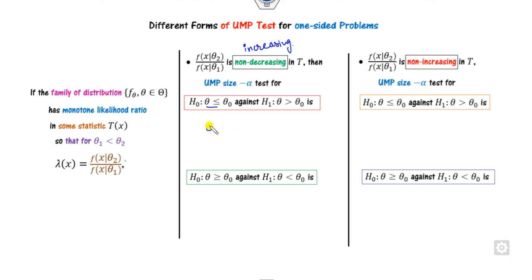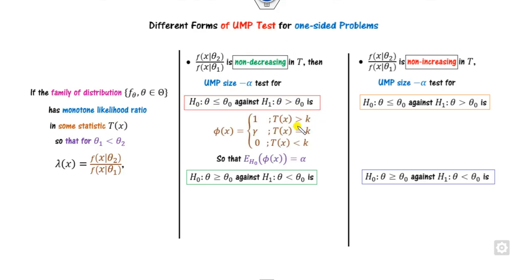Once it's increasing, you can define the value of phi according to the nature of H1. If H1 is greater than, then you define phi as 1 when greater than. On the other hand, if it's again increasing, we define according to the nature of H1; H1 has the less than sign, so we define the corresponding value as 1 when less than.